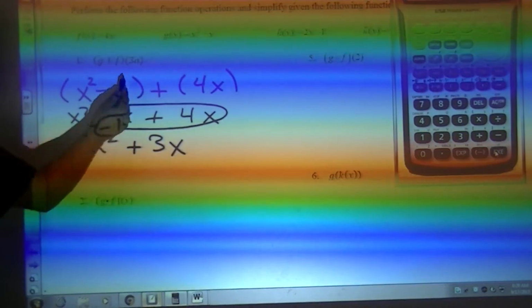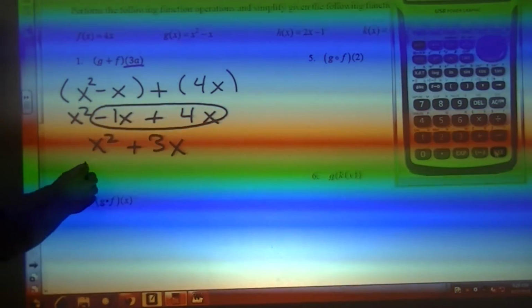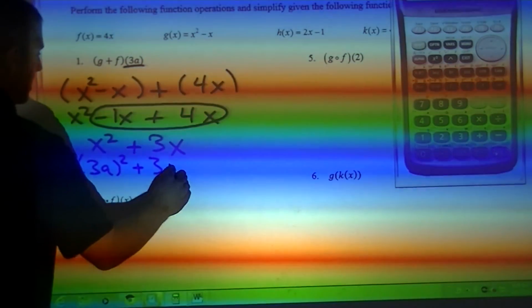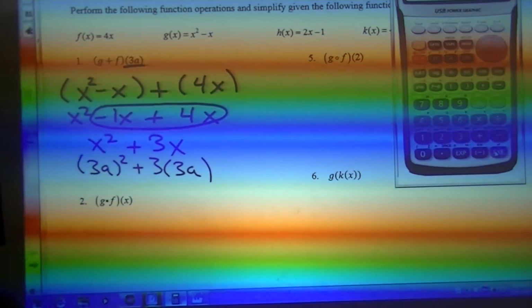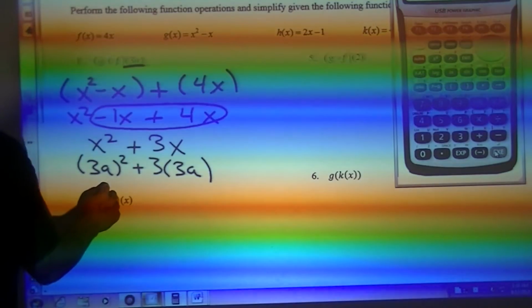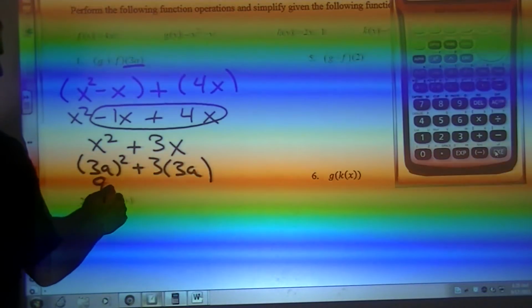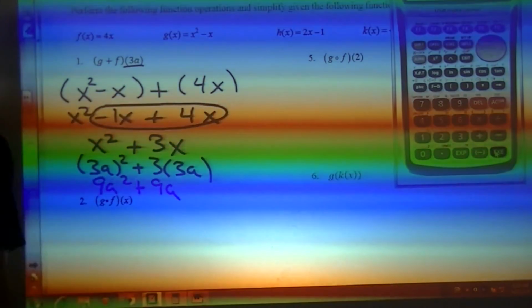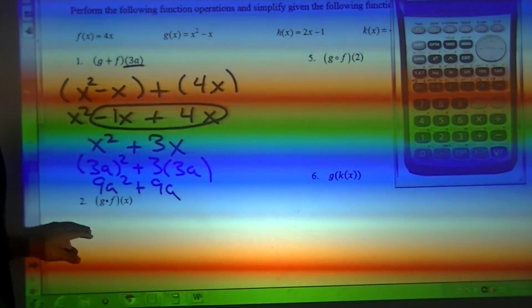Now, here's what they want you to do with that. Now that you've combined those, go ahead and put 3a in that space for x. So 3a squared would be 9a squared plus 3 times 3a would be 9a. So that would be your answer for that one.